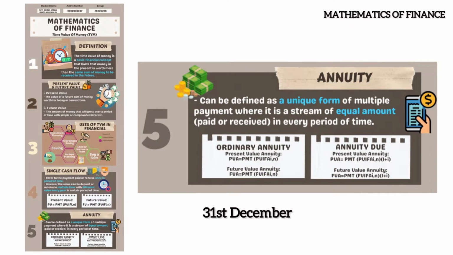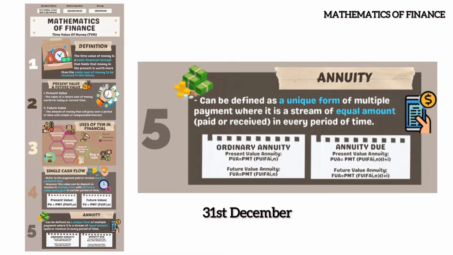For present value annuity, the formula is PVA equal to PMT times PVIFA interest times period of time. For future value annuity, the formula is FVA equal to PMT times FVIFA interest times period of time.